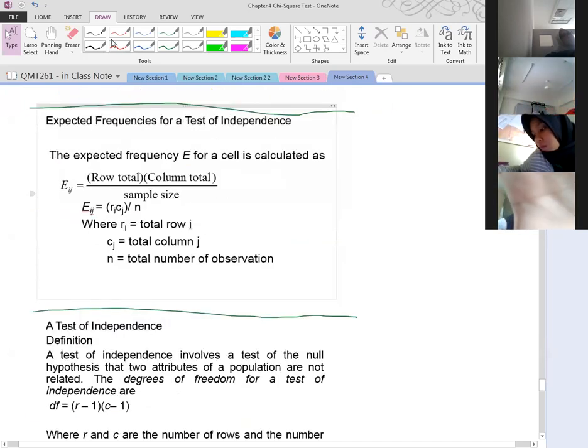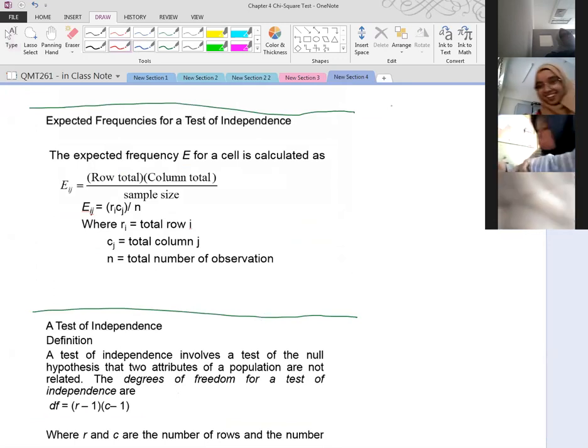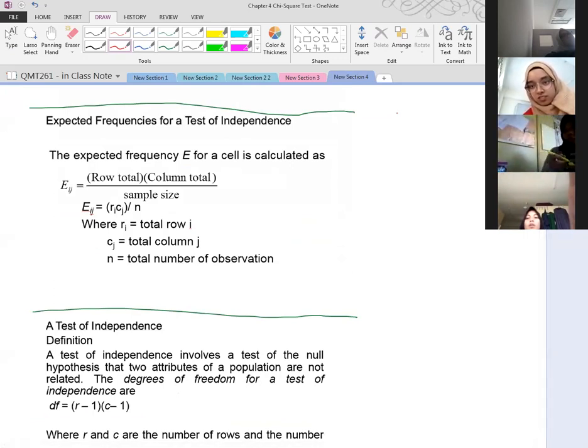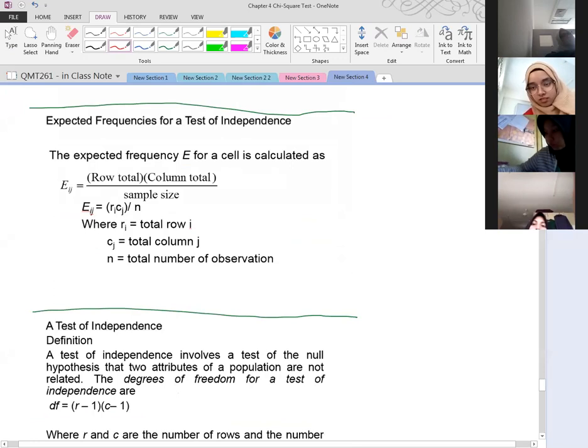Before this, we were having a single categorical variable. So to calculate expected frequency for the goodness of fit test, the expected frequency is N multiplied by P. But for the test of independence, we have two categorical variables, so the expected frequency is the row total multiplied by the column total divided by the grand total, which is the sample size.